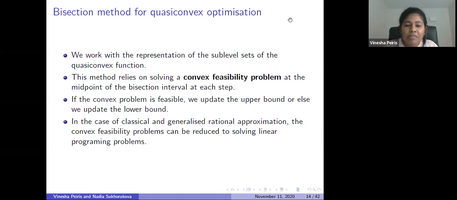If this problem is feasible, then we update the upper bound, or else we update the lower bound. Luckily, for classical and generalized rational approximations, this convex feasibility problem can be reduced to solving a linear programming problem.